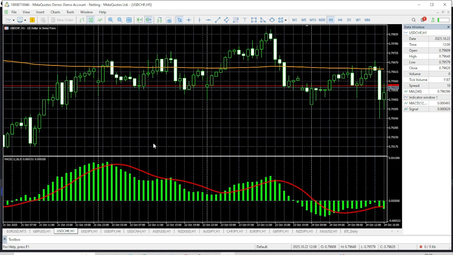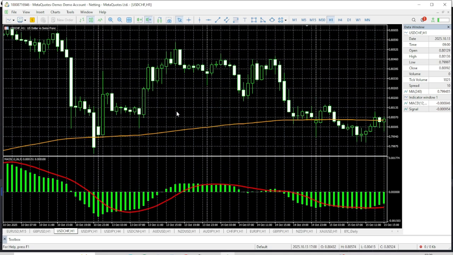So markets move in trends. Trends are created by institutions. Retail traders lose by trading against these institutions. The EMA 240 represents institutional flow. Price above it means bullish control.